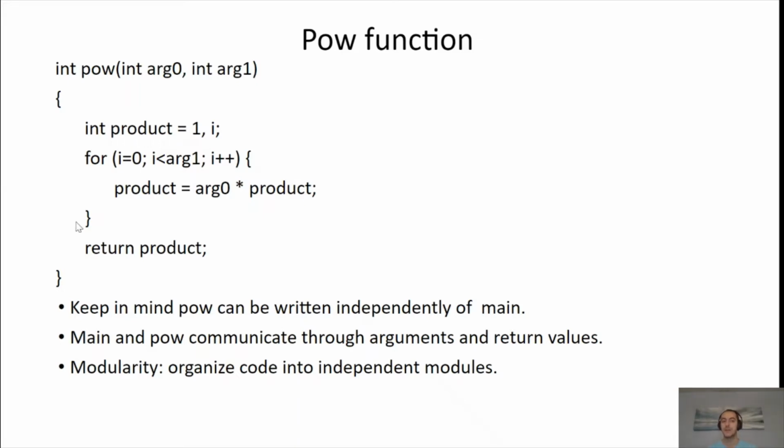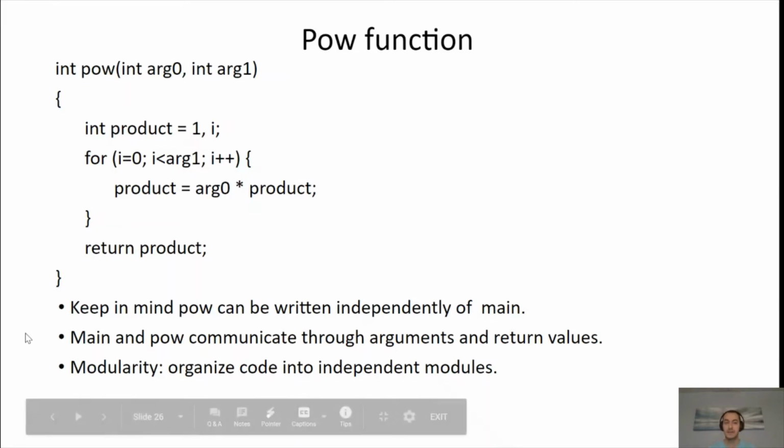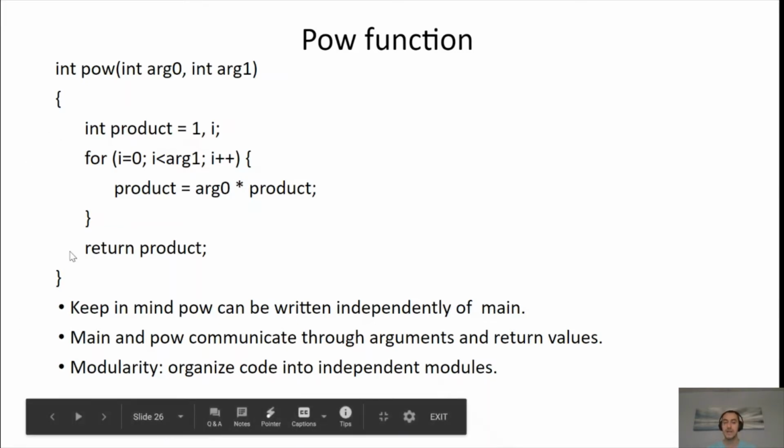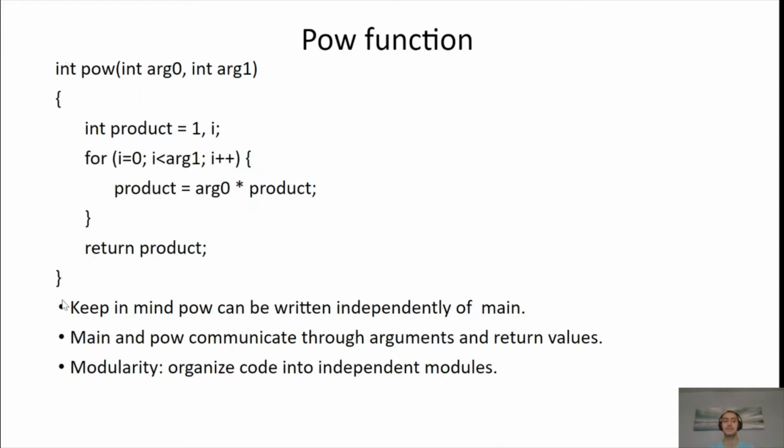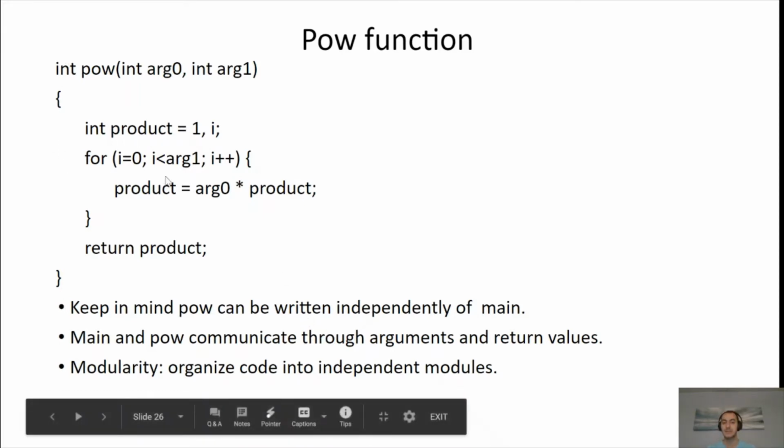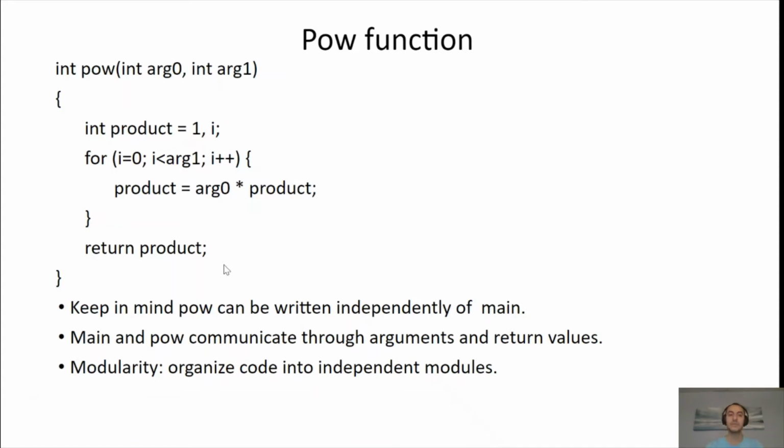We're going to look at how the mechanism of getting the code flow to here and then returning this value works. The important point is that we can write this independently of our main function. We don't need to know how main is implemented, and main doesn't need to know how this function is implemented.